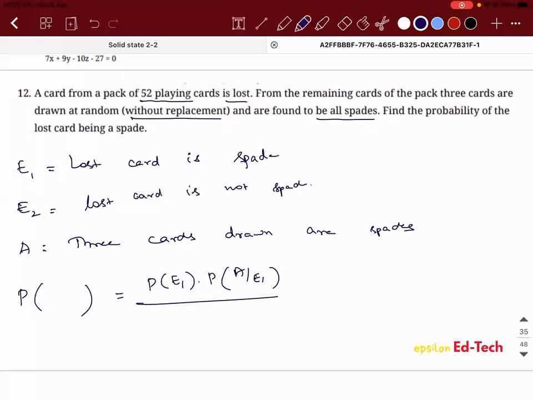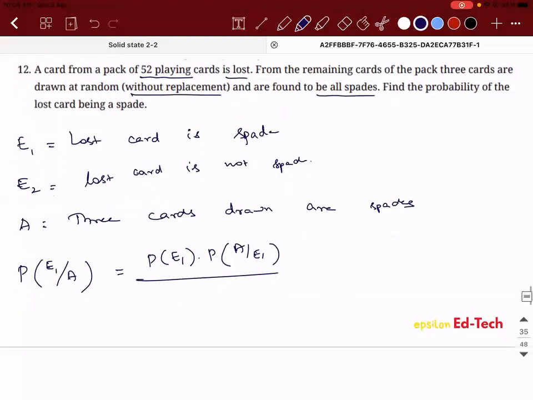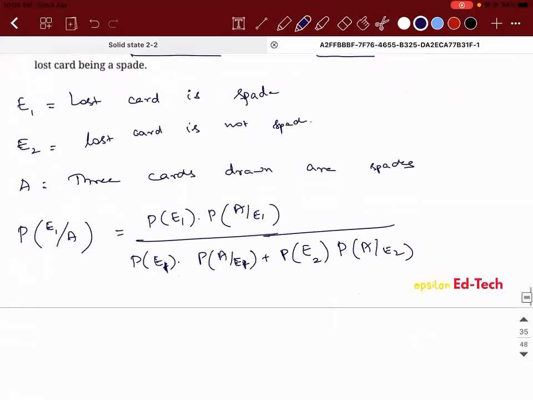What is the probability that it is a lost card and you're drawing three cards? Okay, probability of E1 into probability of A given E1, divided by probability of E1 into probability of A given E1 plus probability of E2 into probability of A given E2. Okay. So what is the probability of E1?